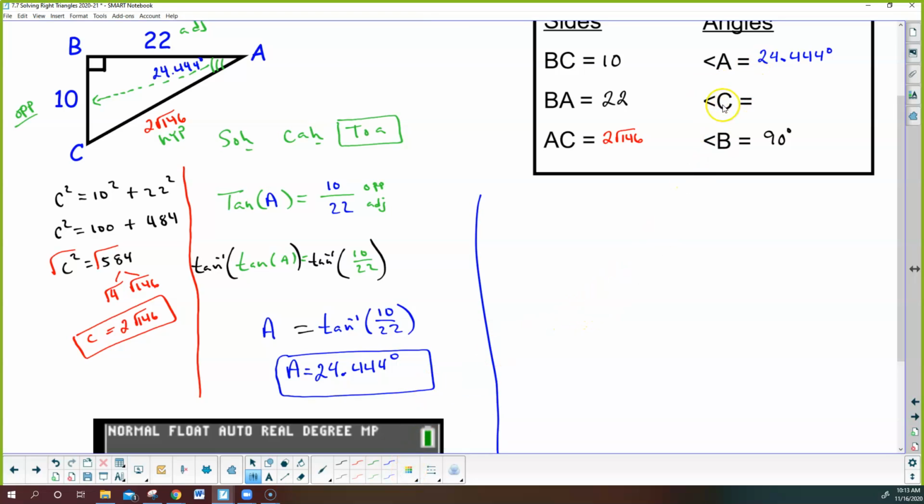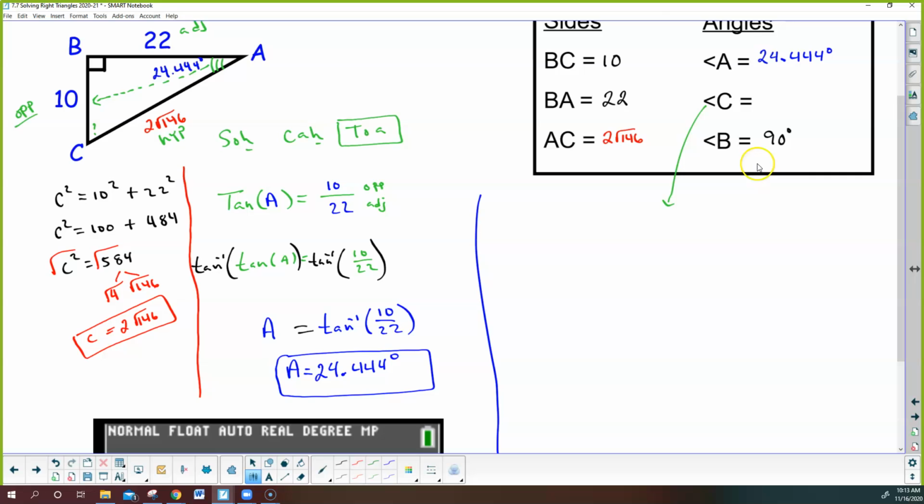And then we just have one last thing to do. We have to find angle C. We have 2 options. I hope you pick the quick one. If you know 2 angles, can't you automatically find the third one? We don't need any special trigonometry. We only have to do inverse once to find the one missing angle, because now angle C, you have 2 options.